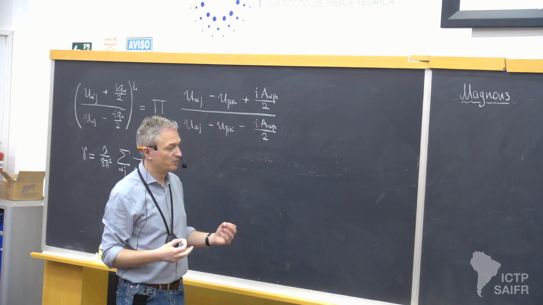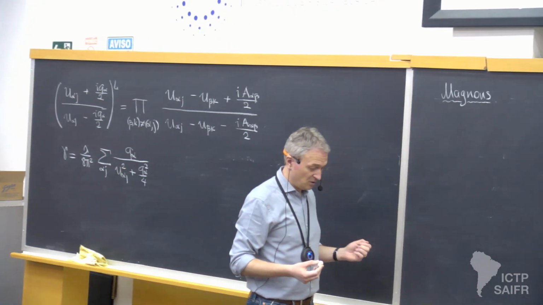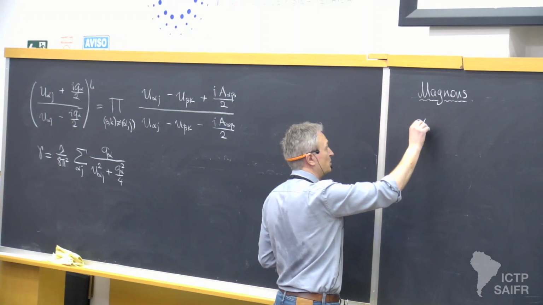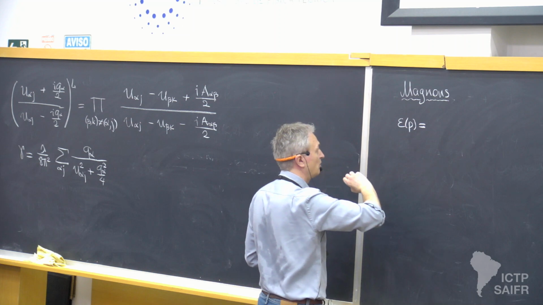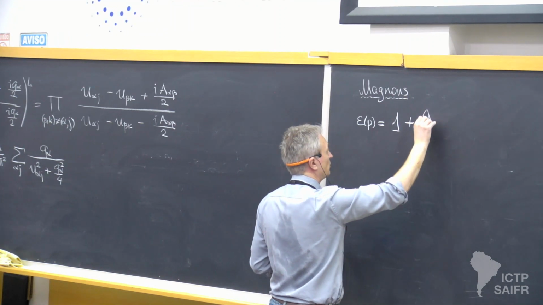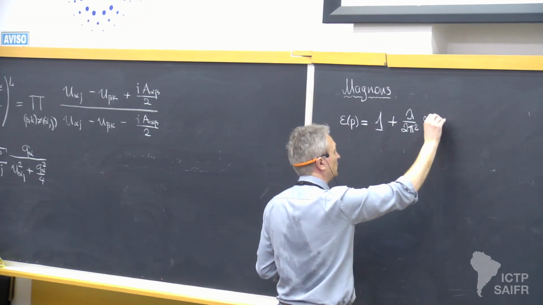So they have quantum numbers of some supersymmetric algebra, but the dispersion relation is the same as for magnons of the Heisenberg model. So let me write it down like that.